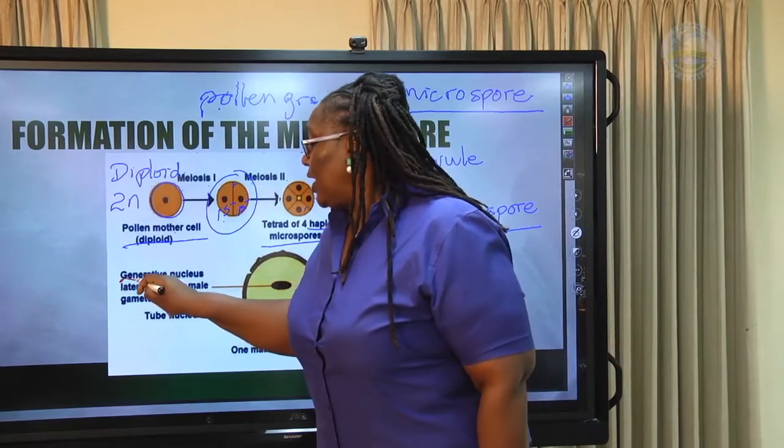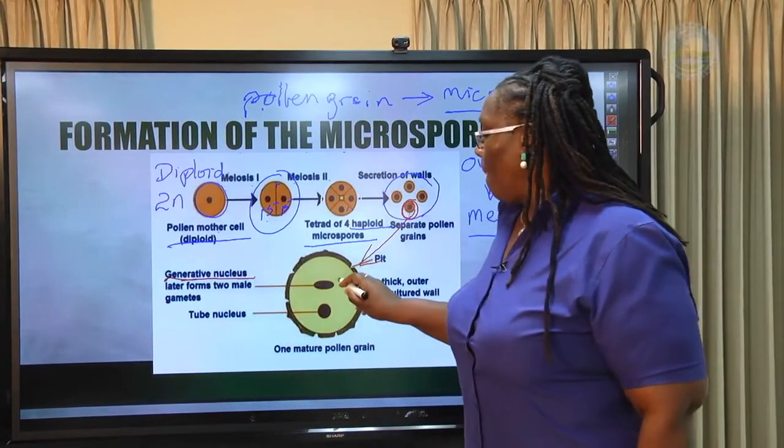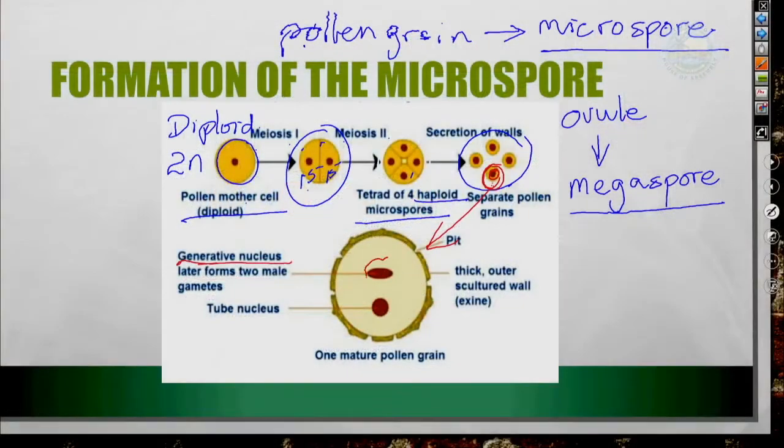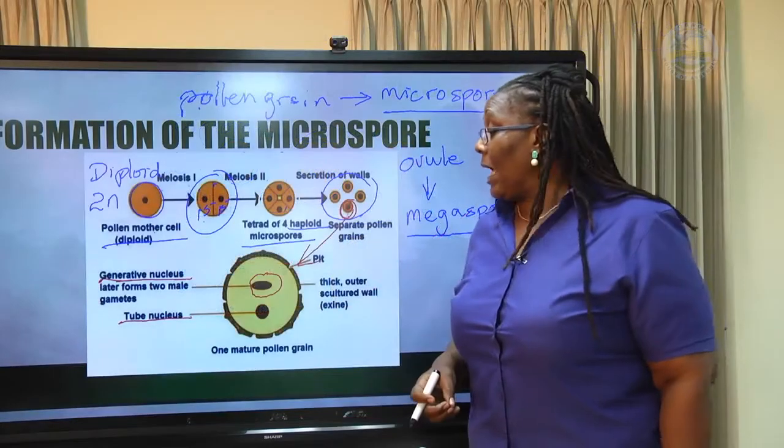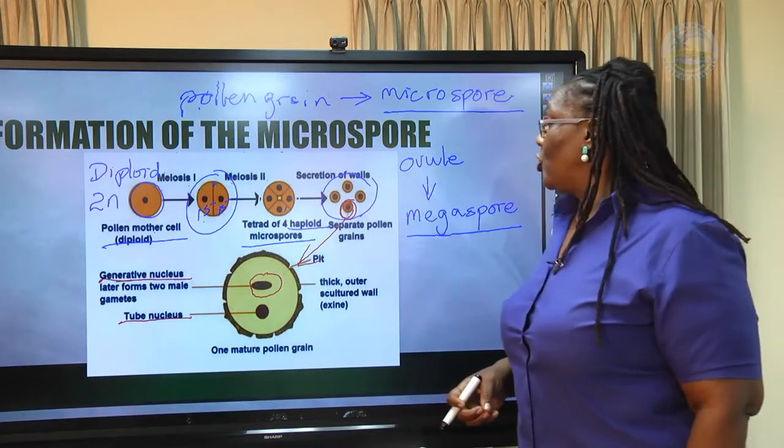You see it here, and it does have a little membrane around it. And the other one is called a tube nucleus. The tube nucleus plays an important role in ensuring that the male gamete and the female gamete would merge eventually.